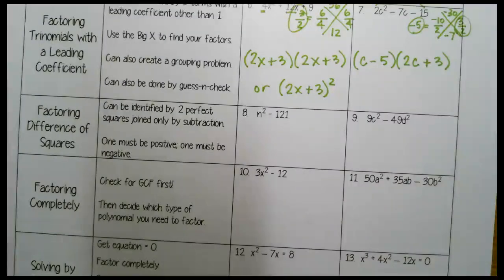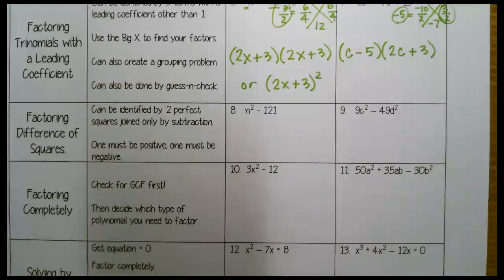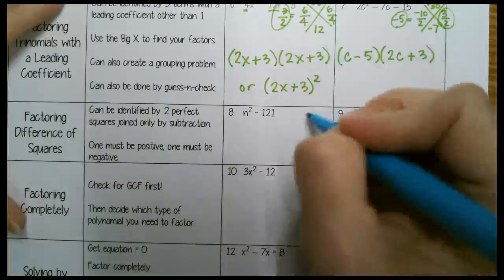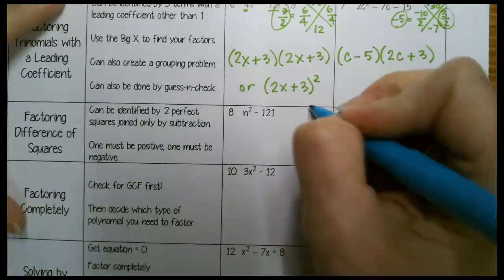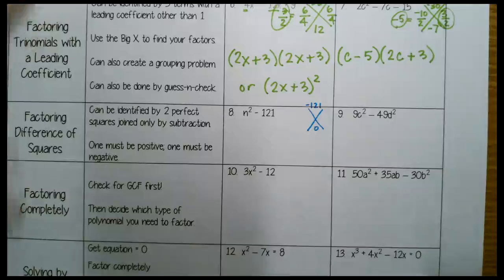Difference of squares. So difference of squares is a special one because what happens in here is we don't have a middle term. And the reason why we don't have a middle term is because it cancels out to 0. So if you want to think of it as like we did right up here with the big X, we're looking for numbers that multiply to be negative 121 but add up to 0.